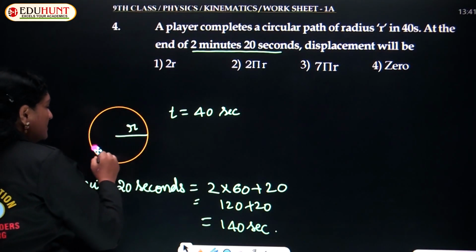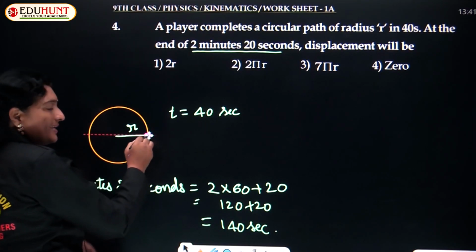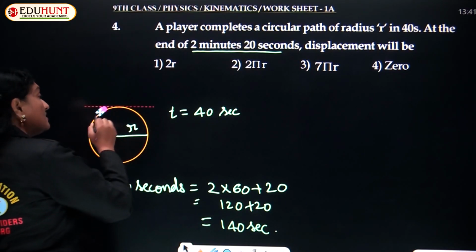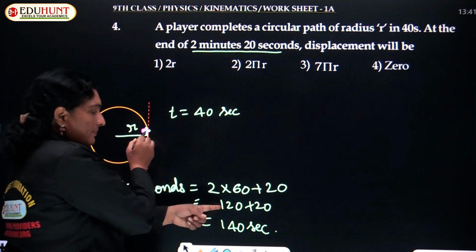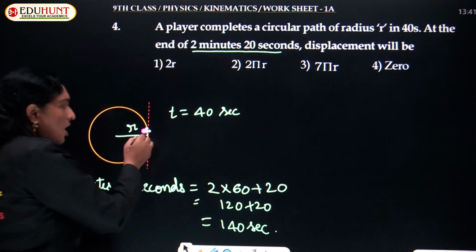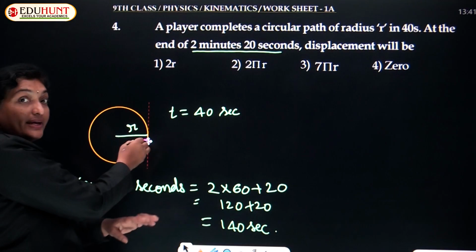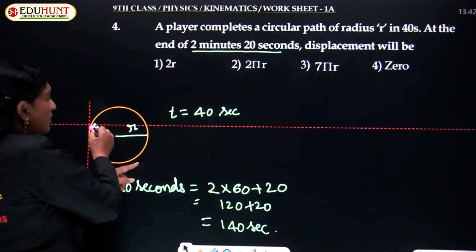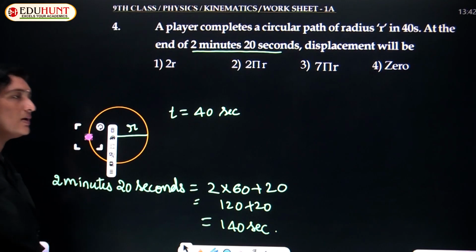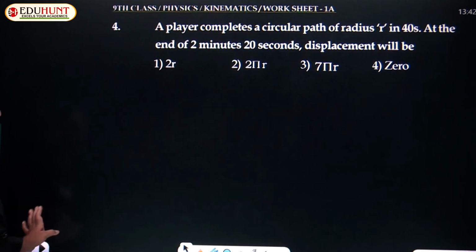Next 40 seconds, one more revolution. Now 80 seconds over. Next 40 seconds, one more revolution. Now 120 seconds over. After 120 seconds, how many more seconds are we left with? Only 20.